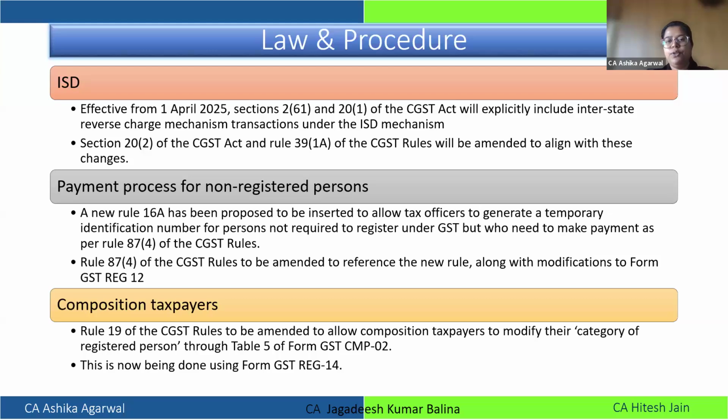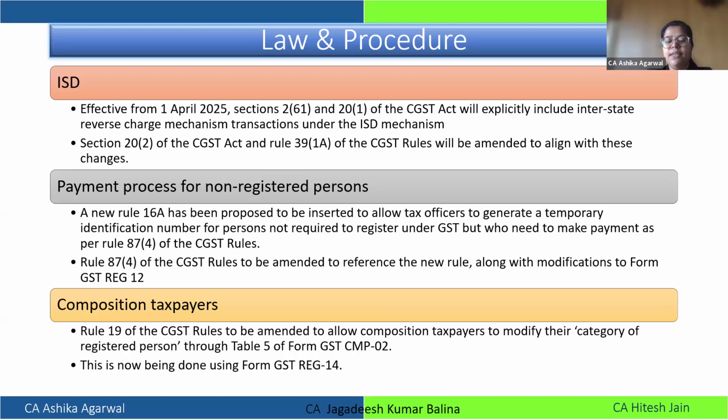Now, input service distributor. Recently we saw that they have made changes for input service distributor, trying to make it mandatory to follow ISD, and by way of circular they have clarified that though it was not mandatory till date, from 1st April 2025 they are going to make it mandatory.